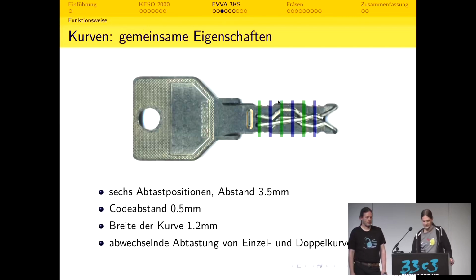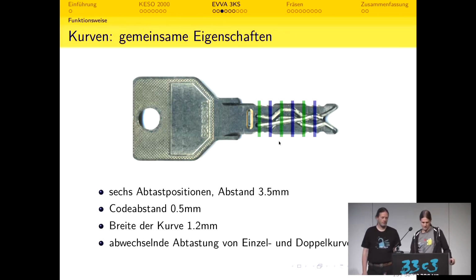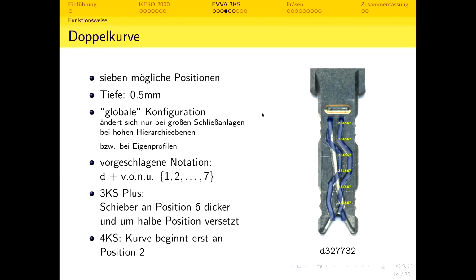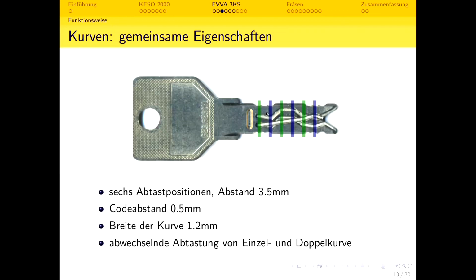Now, if we look closer at the curves, because we want to drill these curves, there's 6 sensing positions, spaced 3.5 millimeters, with a distance of 0.5 millimeters. From one to the next valid position is half a millimeter, and the width is 1.2 millimeters of the curve.